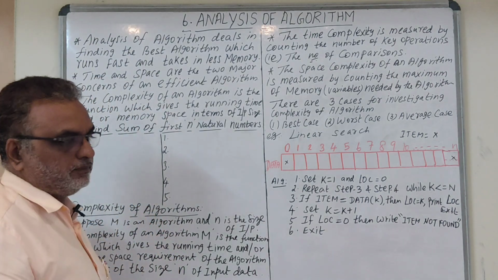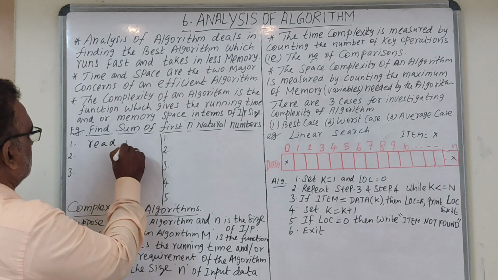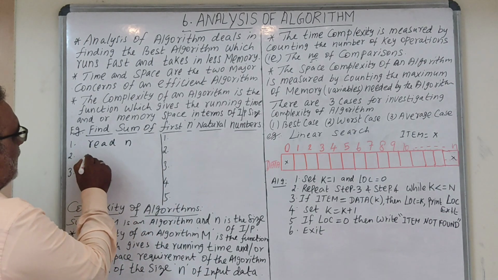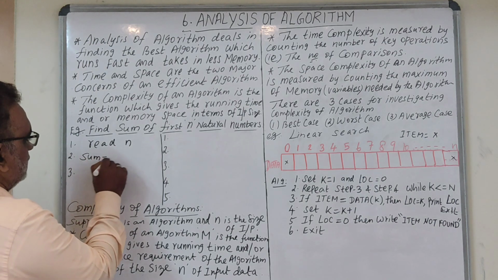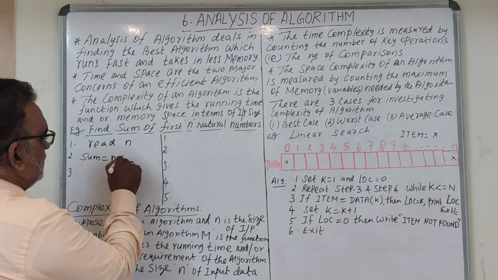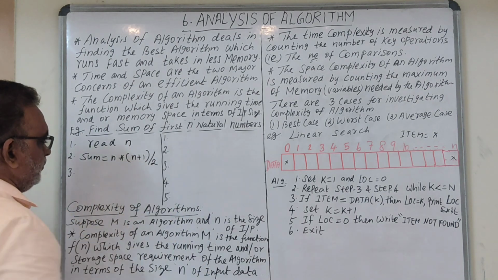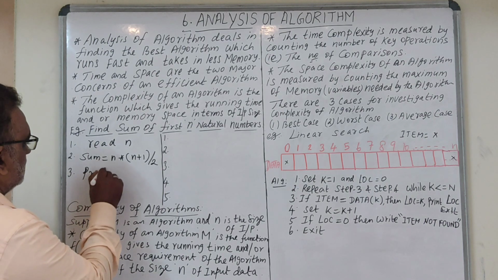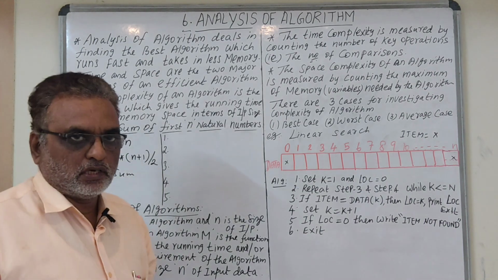In the first one, we read the value n, the number of natural numbers, and there is a formula available to calculate the sum. It is n into n plus 1 divided by 2. Print sum. So this is one algorithm.